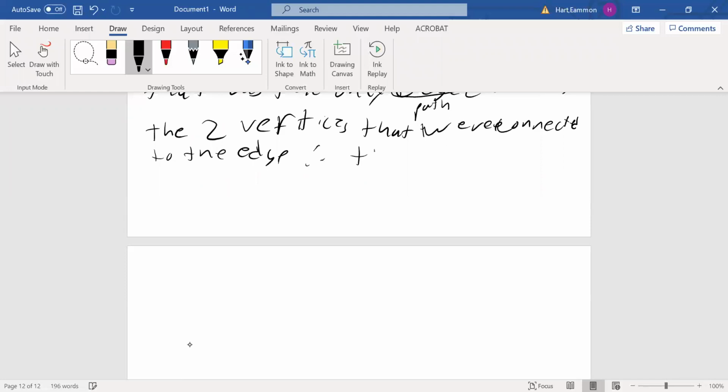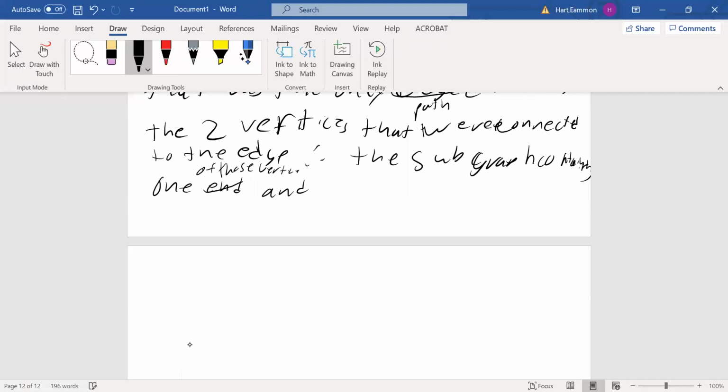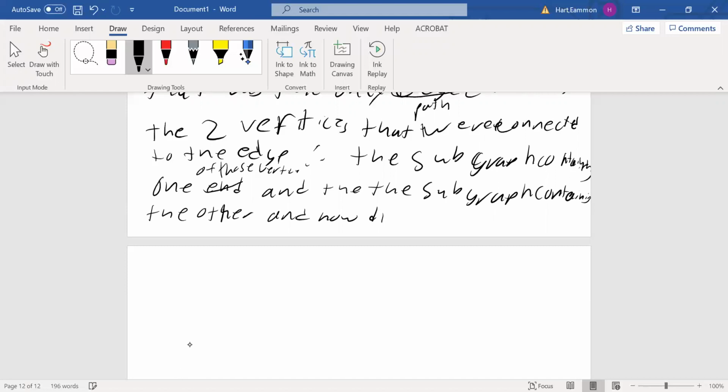Therefore, the subgraph containing one vertex, one of those vertices, and the subgraph containing the other are now disconnected.